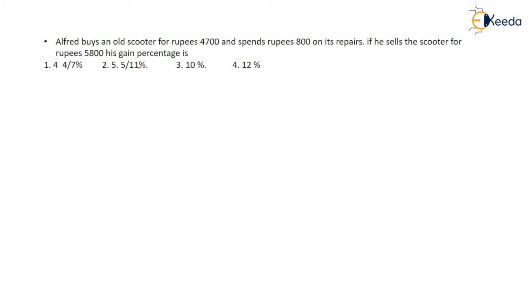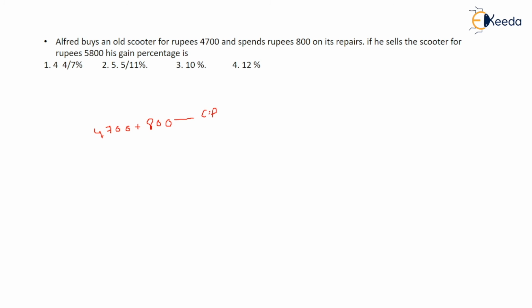Alfred buys an old scooter for rupees 4700 and spends rupees 800 on its repair. If he sells the scooter for 5800, his gain percentage is, okay, again very simple. 4700 he bought that scooter and 800 he invested in its repair. So this is his cost price.